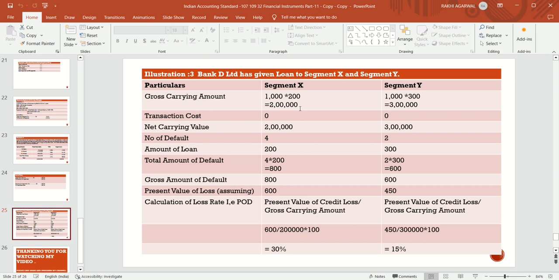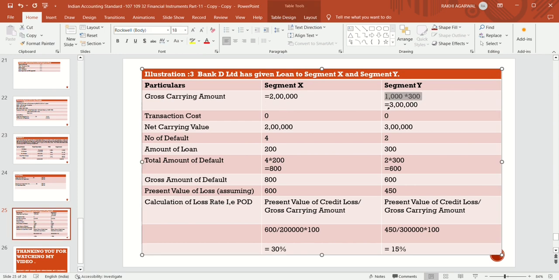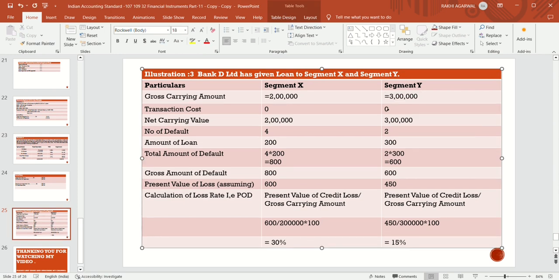The gross carrying amount is 2 lakhs in segment X and 3 lakhs in segment Y. So the loss rate in segment X becomes 30%, and in segment Y it becomes 15%. We have discussed today's topic.